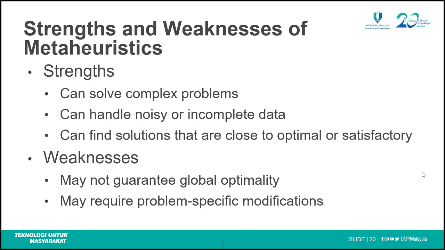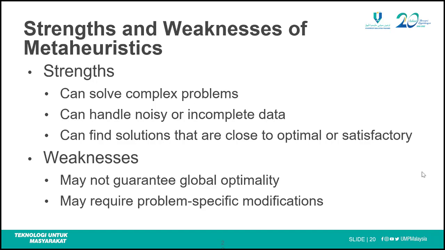And again, in metaheuristics, it is not guaranteed that we will find the real optimum solution, but the solution provided is satisfactory, although it is not a real optimal solution. Then in terms of weaknesses, it may not guarantee global optimality.